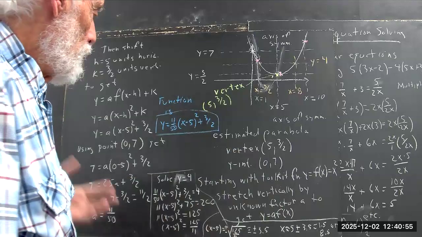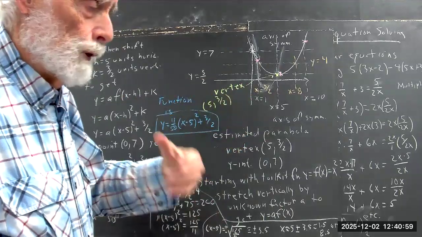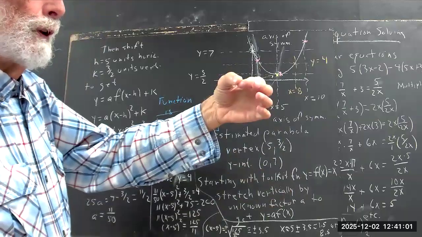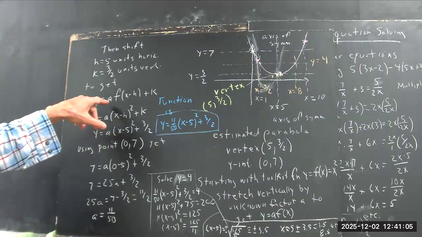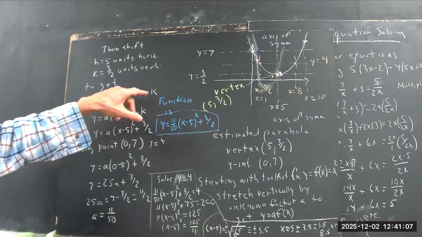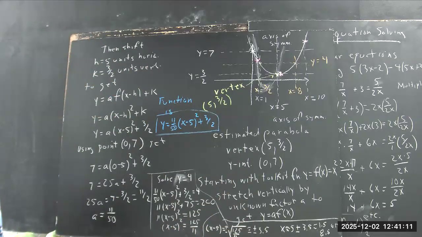Okay. Well, we also know that by the time we've vertically stretched and horizontally and vertically shifted the graph, it's going to have the form y equals A f of (x minus h) plus k. That's our standard form in functional notation for the transformed function.